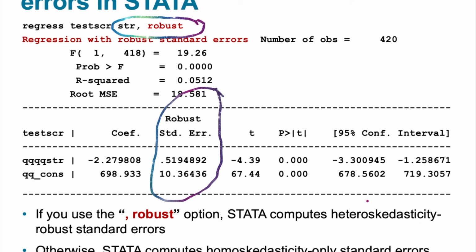Our standard errors will be too small. If you have a standard error that is too small, then you are more likely to reject the null when perhaps we should not be rejecting the null. So you are opening yourself up to type 1 error.